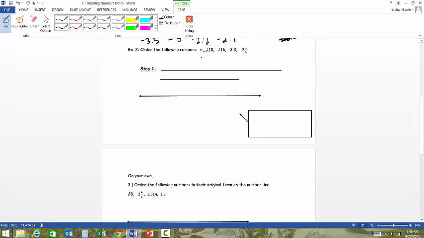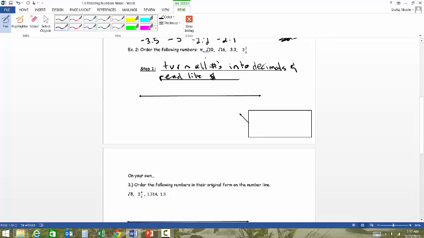So our first step when we have problems like this is we're going to turn all numbers into decimals and read them like money.